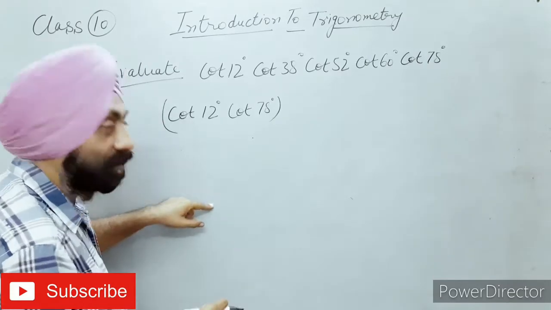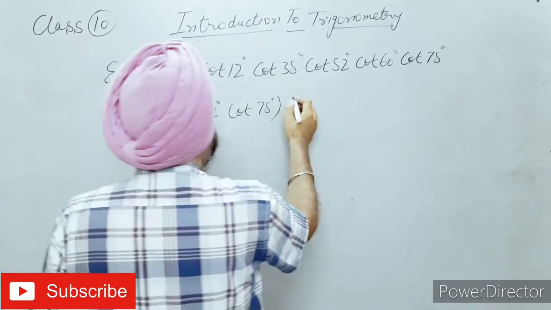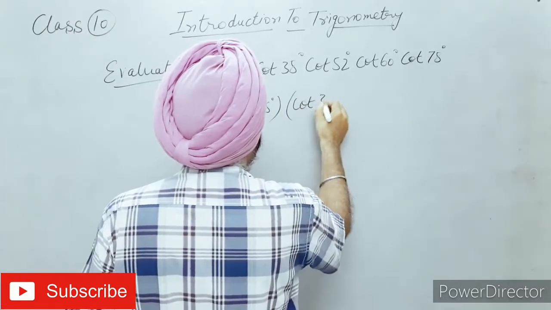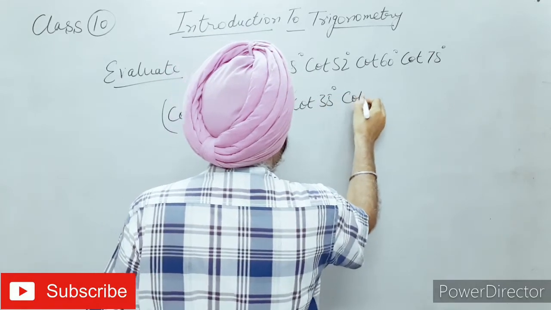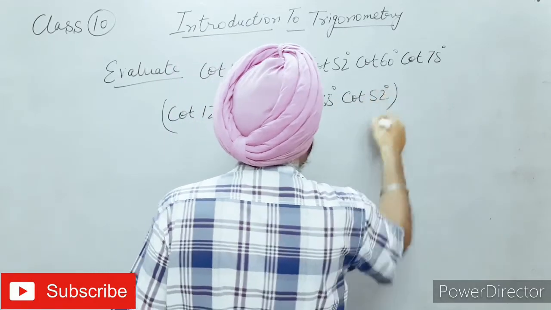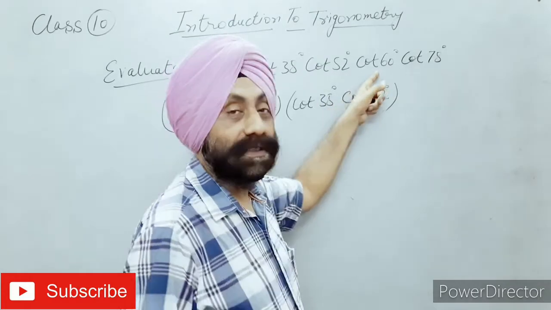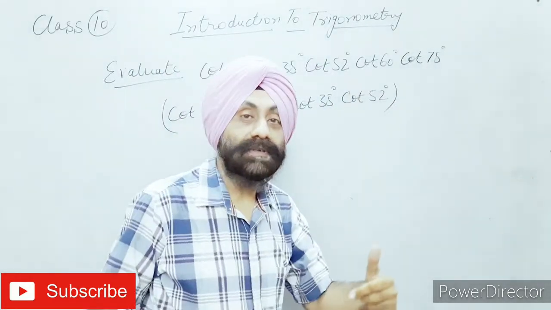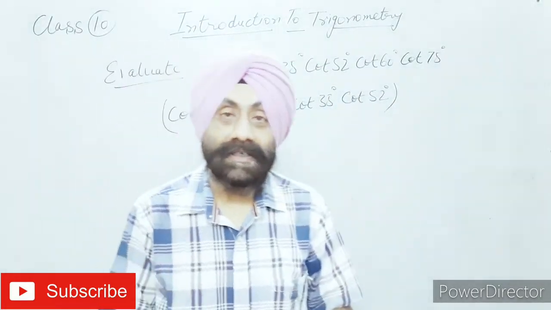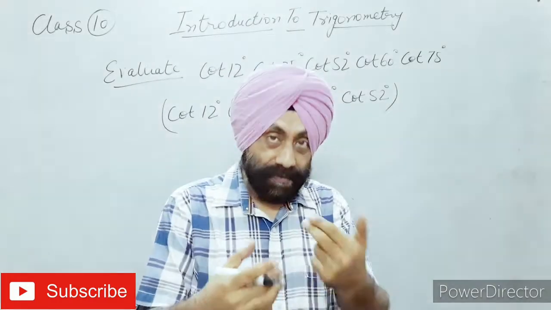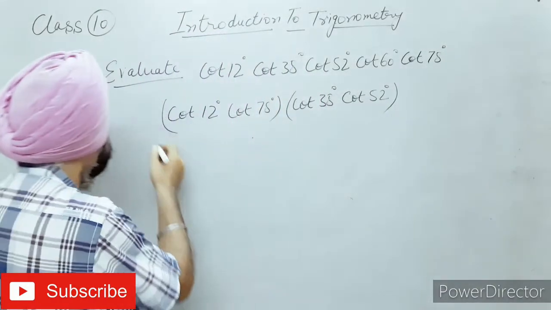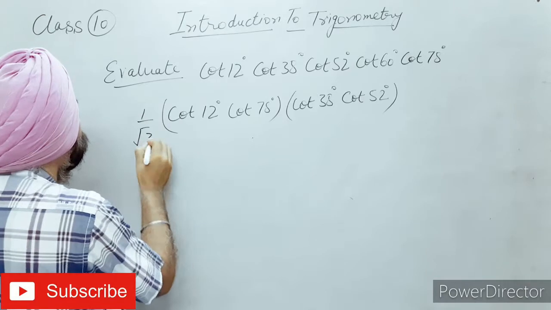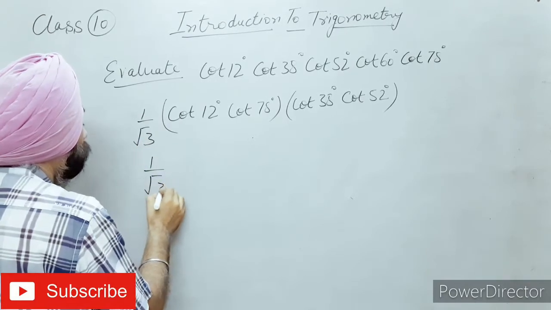You will learn in the next step. Cot 38, cot 52 and cot 60, which I told you is 1 by under root 3 because tan of 60 is under root 3. So cot is reciprocal of it. So I get 1 by under root 3 right here.